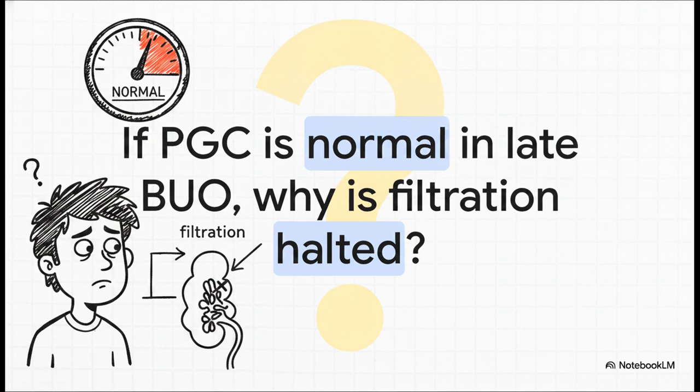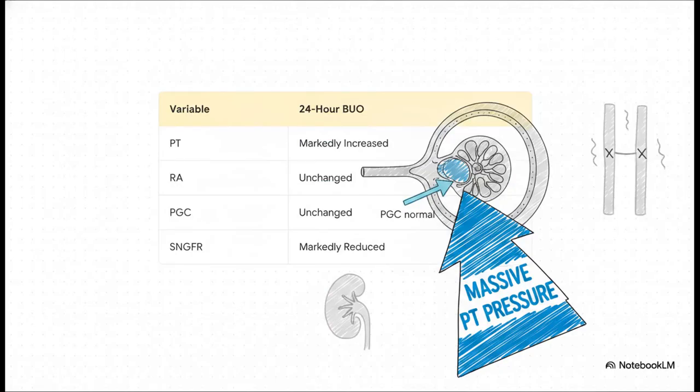So if PGC is totally normal, why on earth isn't the nephron filtering? The secret here lies entirely in the volume status. Because both ureters are blocked, the body is retaining volume, urea, and atrial natriuretic peptide, or ANP. These systemic factors actually vasodilate the clamped afferent arteriole right back to its normal baseline. So afferent resistance returns to normal, and PGC returns to normal.